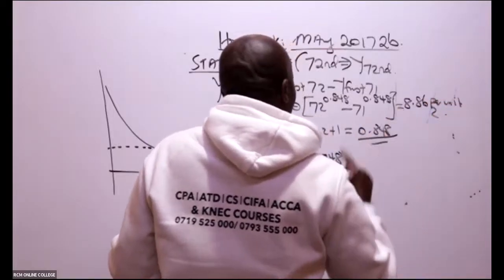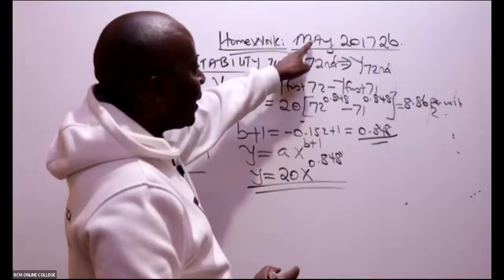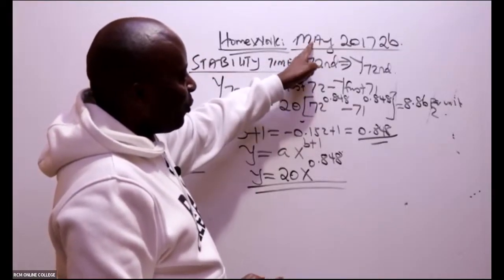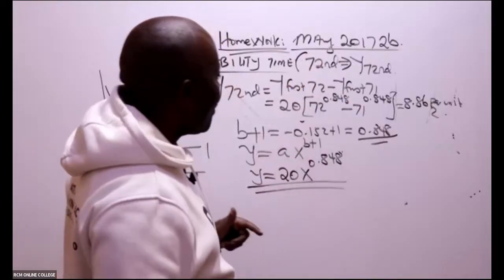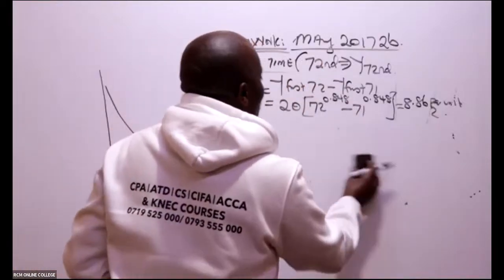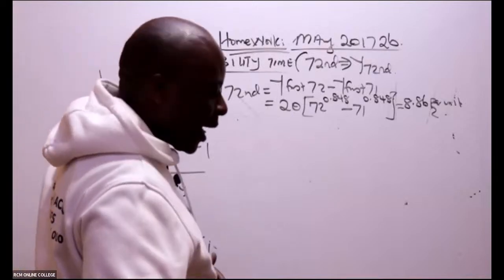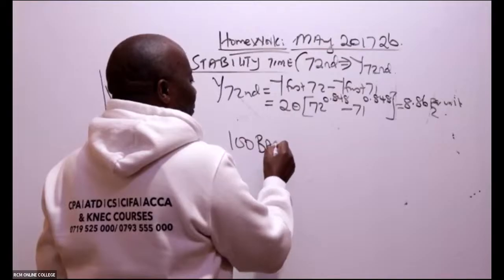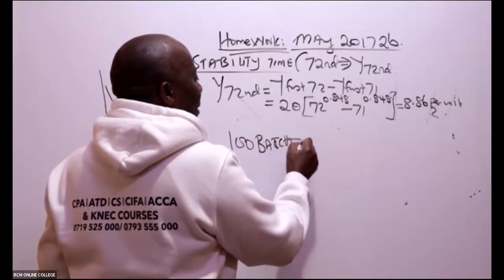And once you finish doing this, this is the concept being tested here, because here they stabilized at 64th batch. Ladies and gentlemen, once you reach here, you should be able to draw this. Remember, in total there are 100 batches.